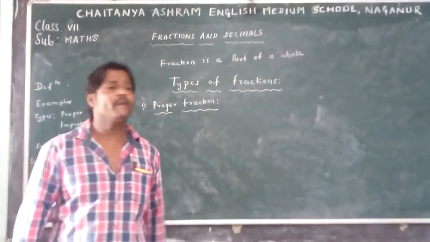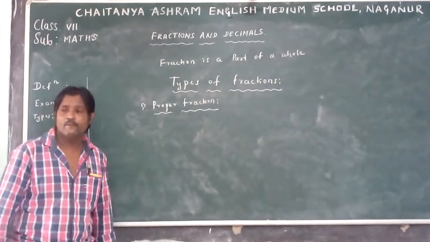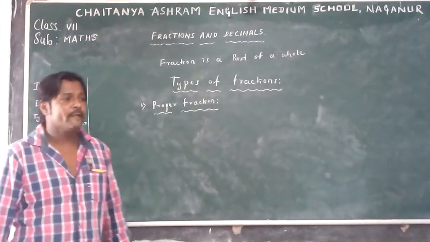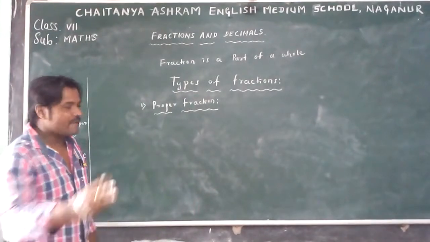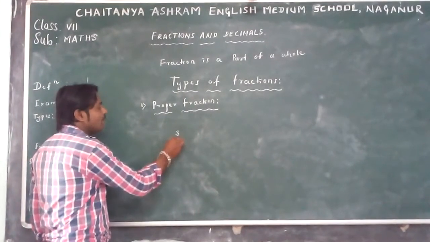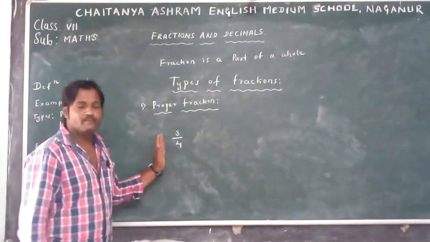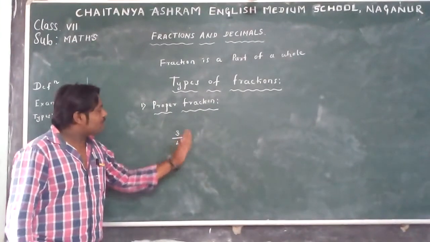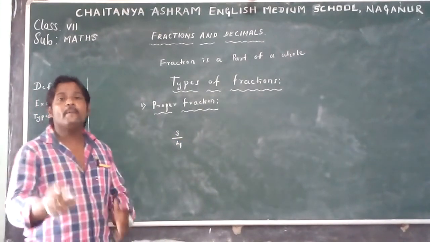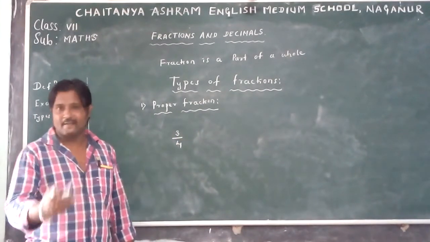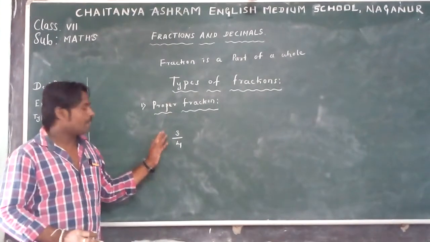Can anyone give me an example for a proper fraction? Yes, good. What is it? 3 by 4. Yes, it is a fraction. Why is it called a proper fraction, or what do you mean by proper fraction? Dear students, observe the fraction very carefully.